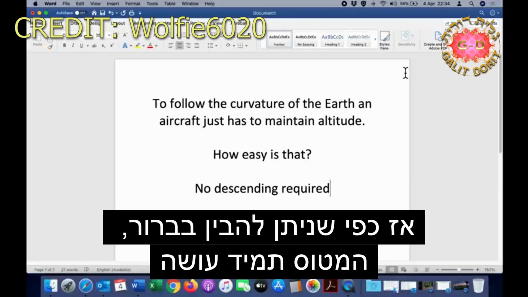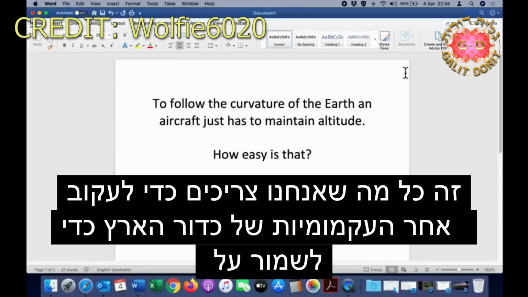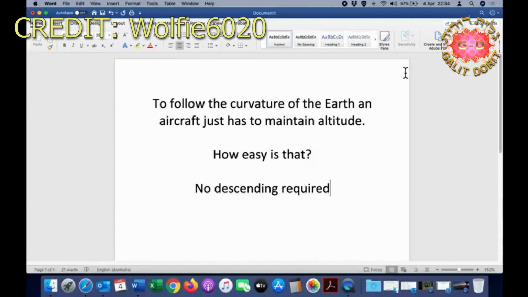So as you could see very clearly, the aircraft is making constant small corrections to maintain altitude precisely. That is all we need to follow the curvature of the Earth, to maintain a constant altitude.